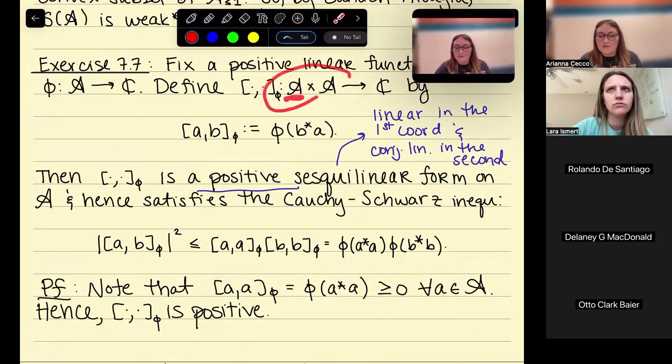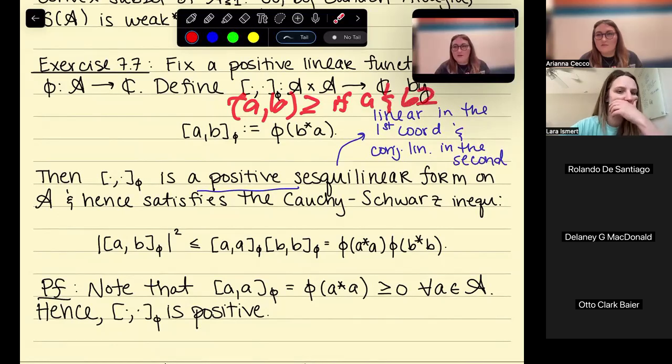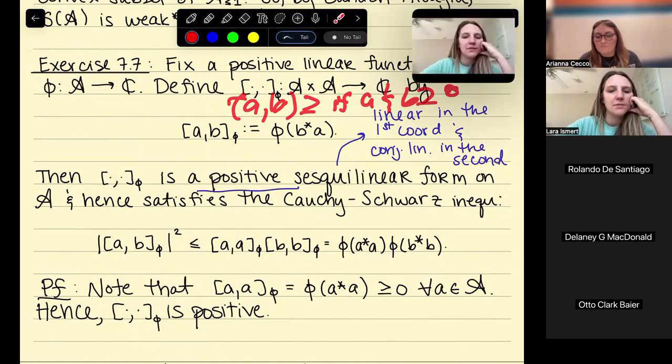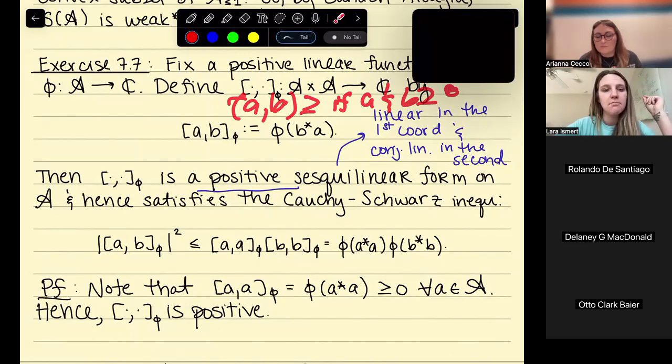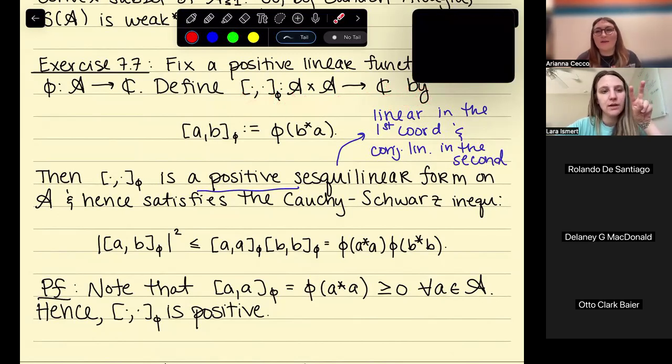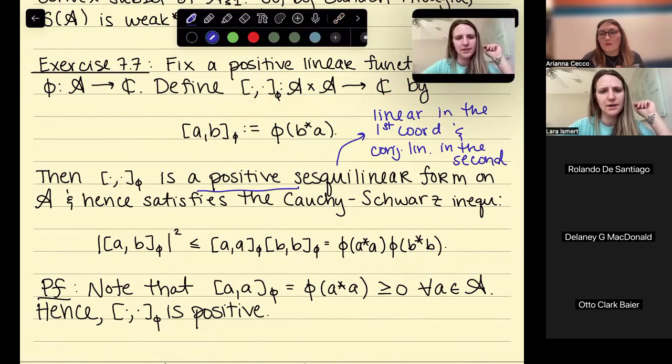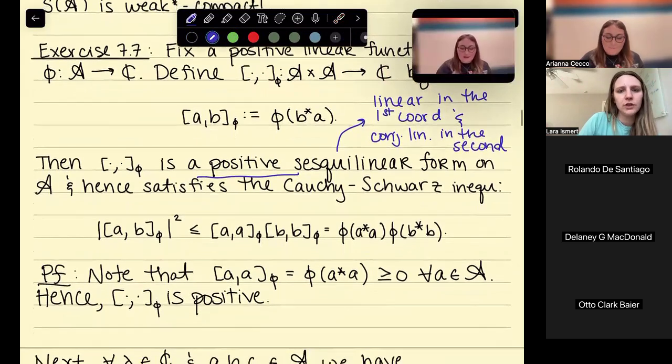I guess an element like (a, b) is positive if and only if a and b are positive. When we have something going into the complex numbers, positivity for a sesquilinear form means that when we have the same element plugged in. Okay, the use of that word is just a little bit different because we're talking about a sesquilinear map.